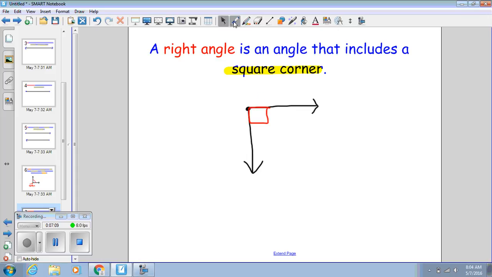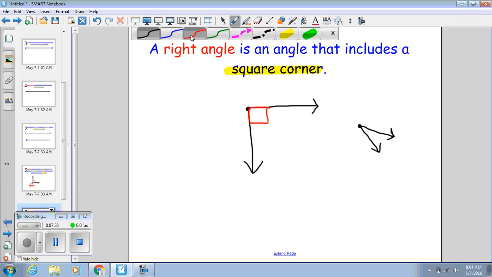Not all angles are right angles or square angles. I'm going to draw one that's not so you can see the difference. Okay, so here is a ray, and it's joining with another ray. And here is the angle.